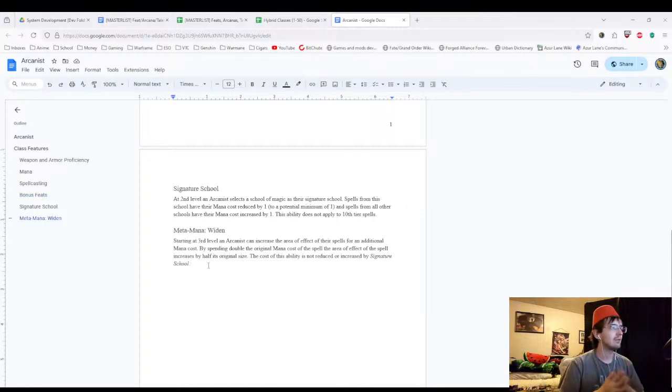Anyway, so with meta mana widen, it's double the original mana cost of the spell. And the last sentence there is the cost of the ability is not reduced or increased by signature school. So we're just going to use an evocation Arcanist as our standing example. An evocation Arcanist casts Fireball and then uses Meta Mana Widen.